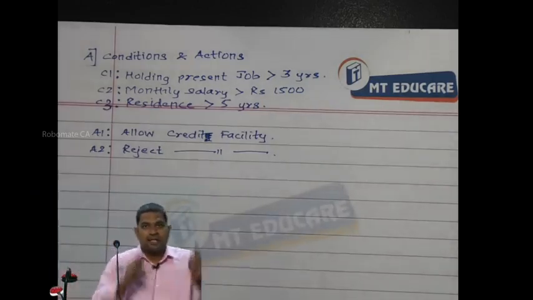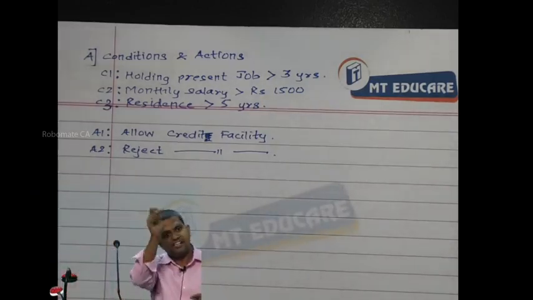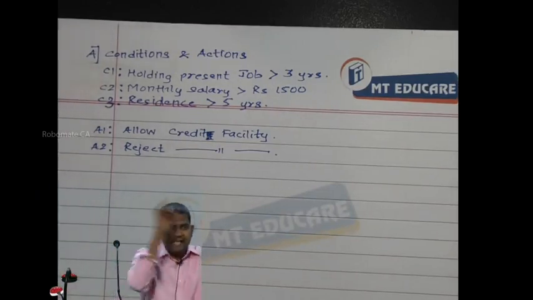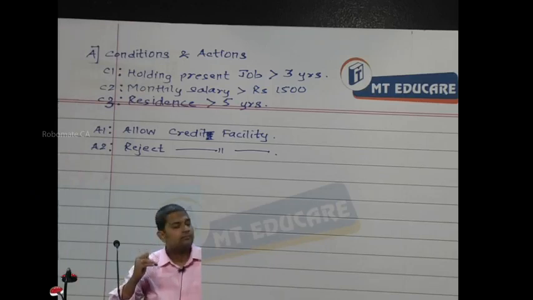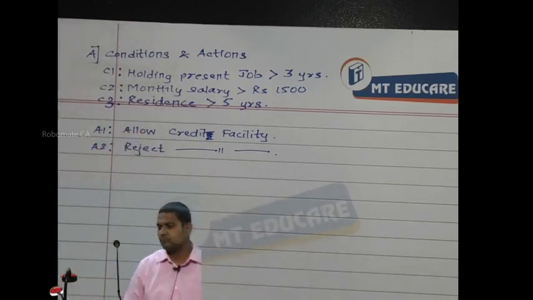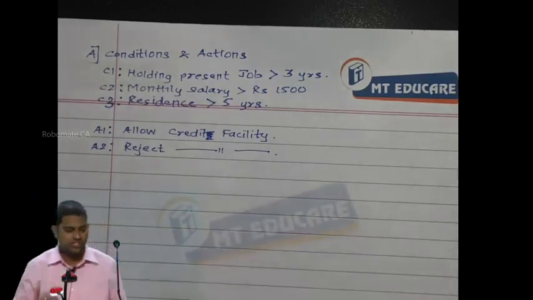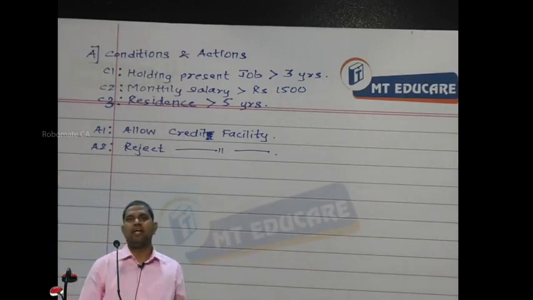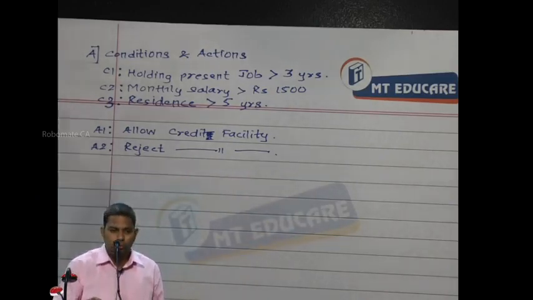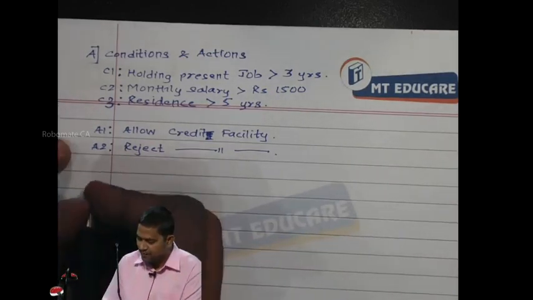So now the table's upper left corner is finalized. That is called the conditions stub. And the table's lower left is completed. That is called the actions stub. Is it fine? Now we are supposed to draft the rules. Rules drafting works on a formula, and that is number of rules is equal to 2 raised to the number of conditions. Okay, that's the next part coming up.